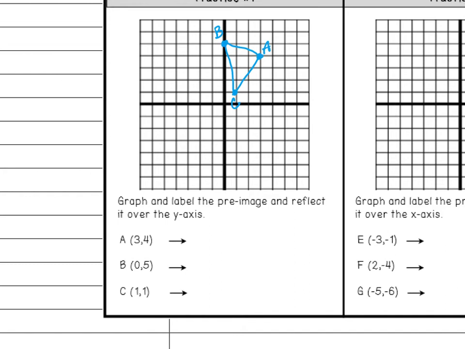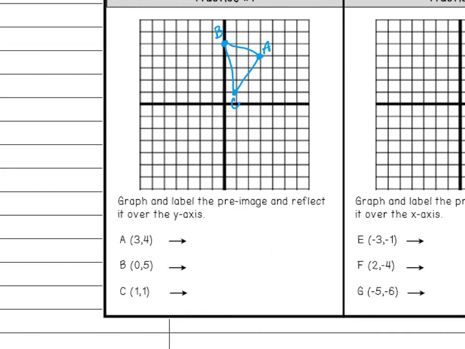So I don't actually have to call it B prime. I can, but I don't have to. It's at 0, 5. That one didn't change. And C prime is 1 away here, so it's going to be 1 away here. So that's C prime. So my figure should look something like that.